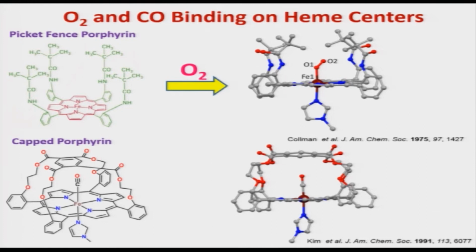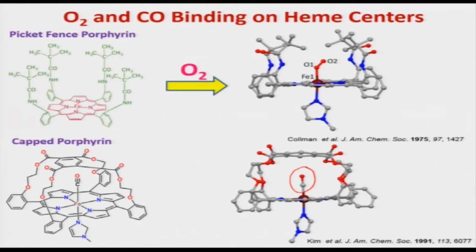Two such molecules are shown here: in one, the picket-fence porphyrin, dioxygen binds in an angular fashion. There is another example, a capped porphyrin, where this iron center also binds carbon monoxide, but in a perfectly linear fashion. So, carbon monoxide binds linearly, whereas dioxygen binds in an angular fashion.